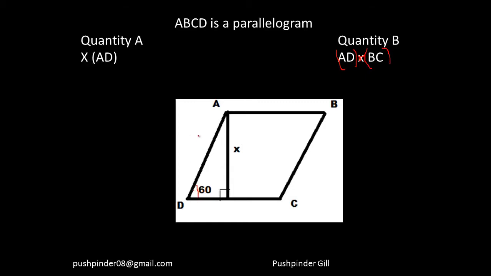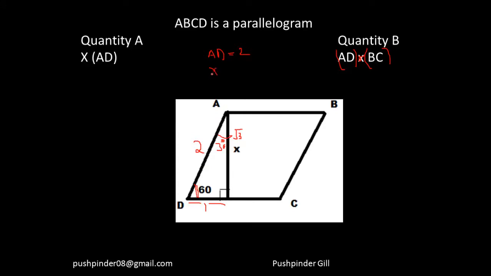Alright, so if I say AD is equal to, let's say, 2, and this over here, since it's 60 degrees, I can put in any number here, isn't it? I just have to put the numbers. So I'm putting AD equal to 2. If AD is 2 and this is 60 degrees and this is 30 degrees, then using the 30, 60, 90 triangle, I can very well say that this length is going to be 1 and this length is going to be root 3.